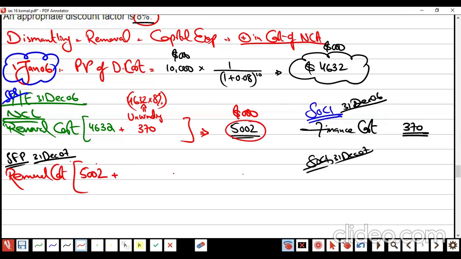Unwinding of 8% will be applied on the new figure. Is it 4632? No, 4632 is the old one. The new one is 5002. The answer is 400. It's 400.16, but you said to round it.